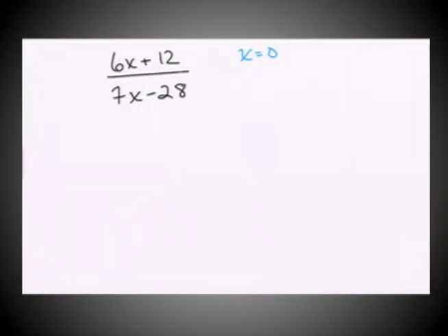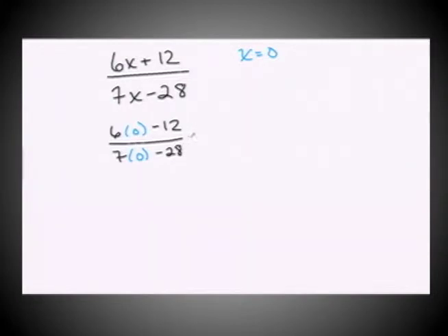If I plug 0 in for x, I get 6 times 0 plus 12 divided by 7 times 0 minus 28.